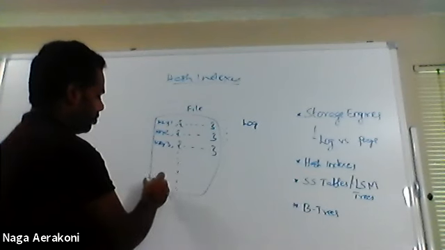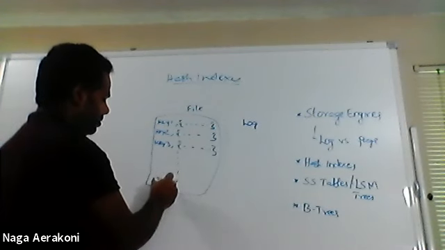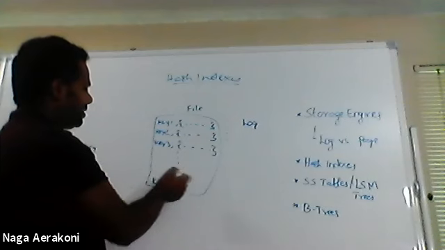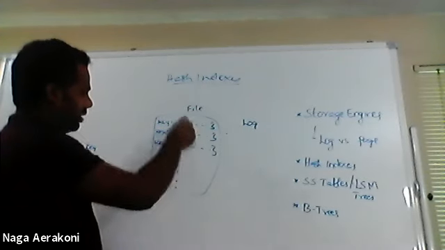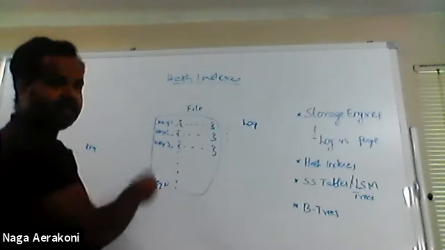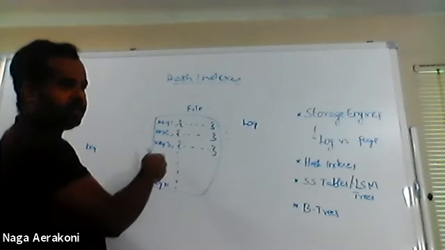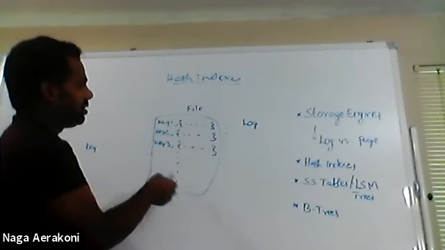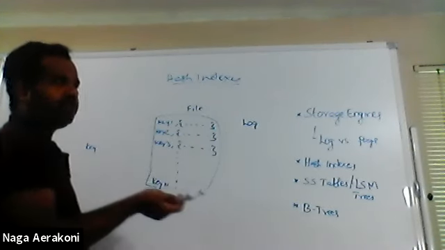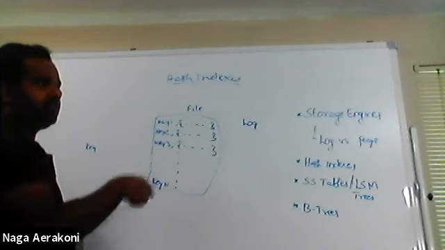You can have up to key n, but the issue with this approach is that you have to scan all the entries and find where that key is, and then return the latest data for that key. So the time complexity will be linear.